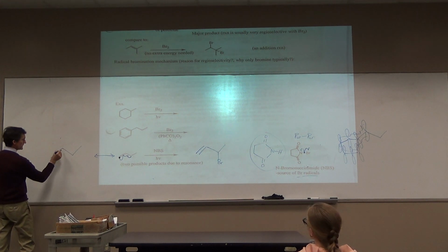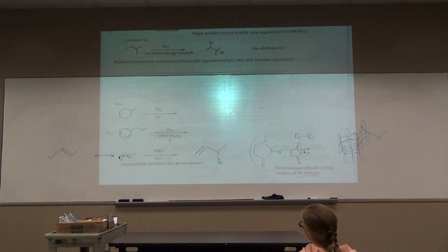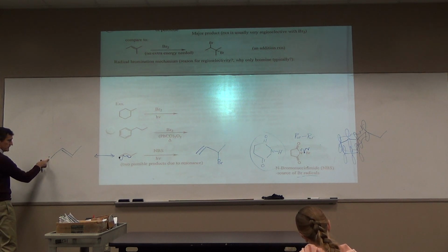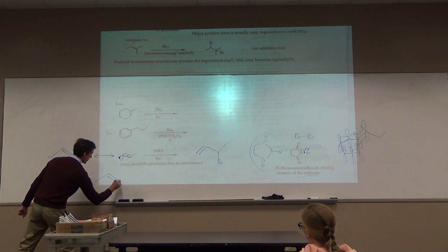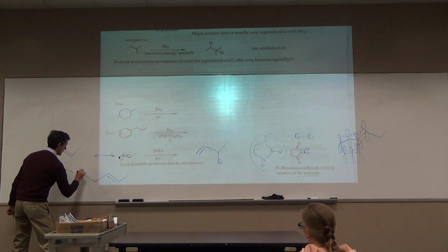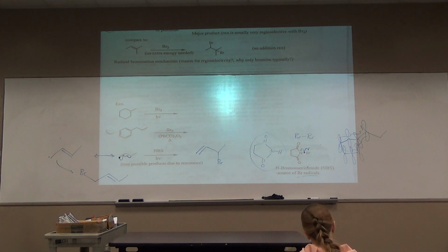What does that electron movement give? Here and here. Yeah? Well, this can capture a bromine radical. And that would give bromine there on the end.